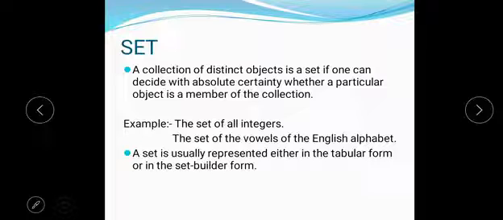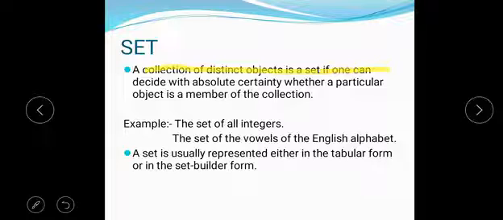So what is a set? You are already familiar with some basic concepts of sets. A set is a collection of distinct objects. A set is a collection of well-defined elements, we can say. Suppose you have certain elements, the collection of these elements is called a set.